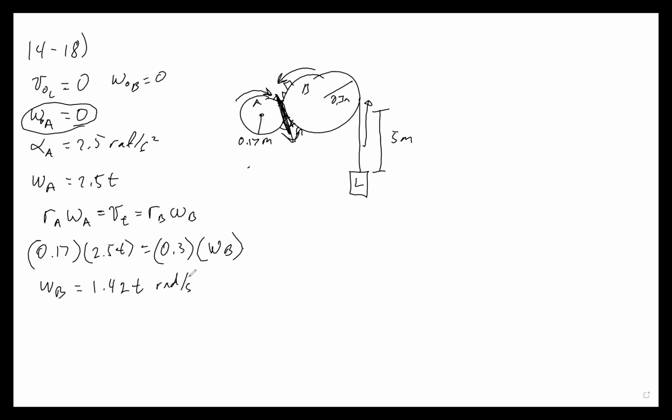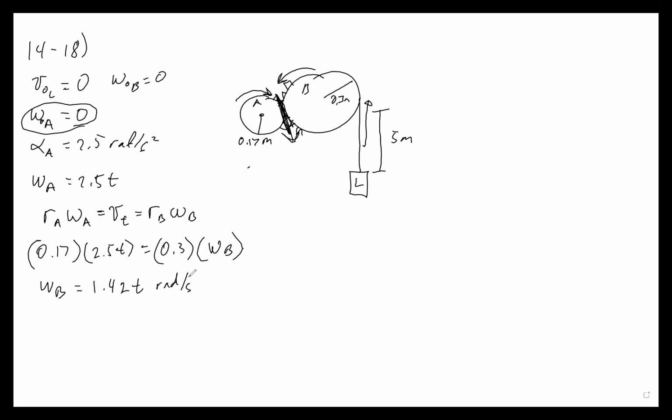Now if we want to find how far B rotates from the beginning of this system's movement until L is 5 meters up, we need the angular position, and then we can do a transformation to find the linear distance.